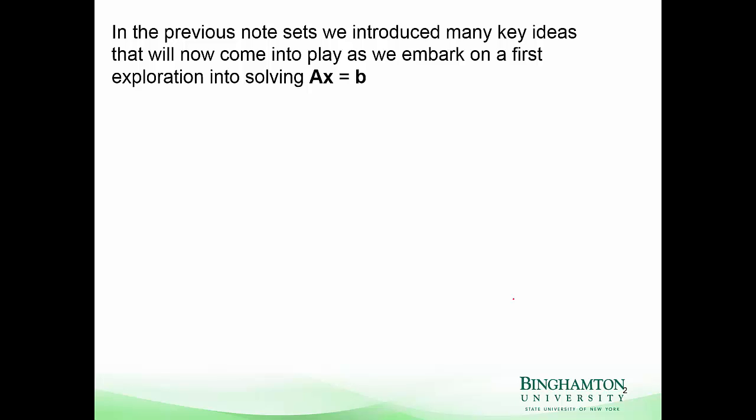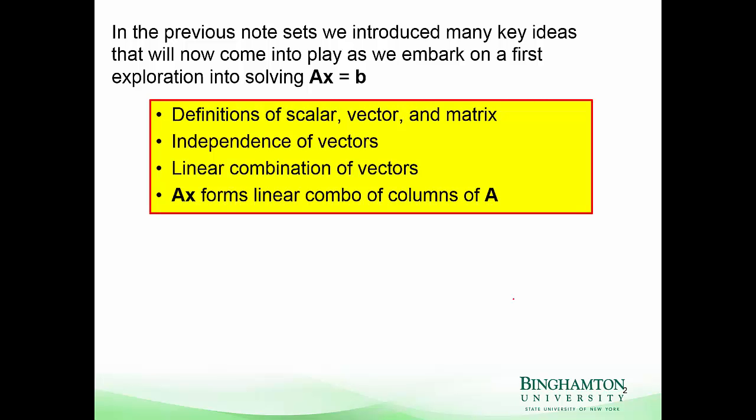So we've already talked about a lot of the key ideas that are important for exploring how to solve AX equal to B. We'll continue learning more key ideas as we go into this. But the ones that we've done so far, well, we've defined scalars, vectors, and matrices, so we know what those are.